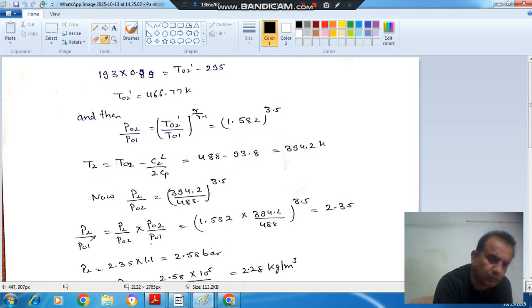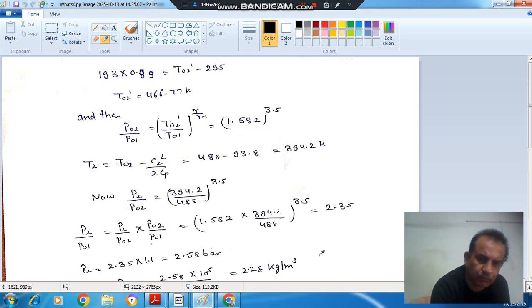Because P01 we have, and we want to calculate P2. Suppose we take P2 by P01 and multiply and divide by P02, then it will be P2 by P02 times P02 by P01, and P2 by P02 is this quantity, and P02 by P01 is this quantity. So P2 by P01 will be 2.35, and P01 is 1.1 bar, so P2 will be 2.58 bar.